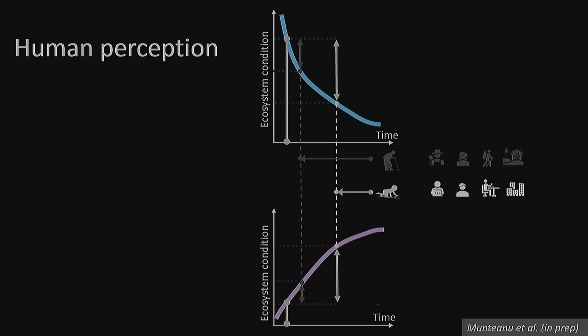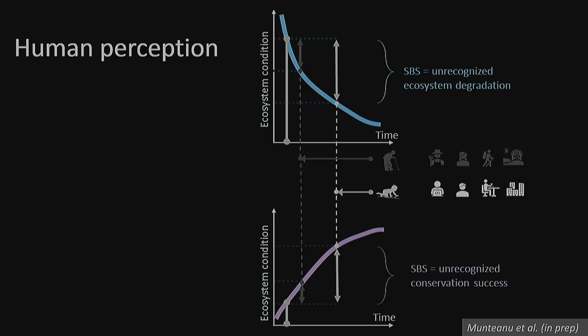The difference between what a person would remember as the historical state or the selected baseline and the baseline that we choose, this part here, is actually termed the shifting baseline syndrome. So this is an unrecognized change in the system that we oversee, that we're blind to.